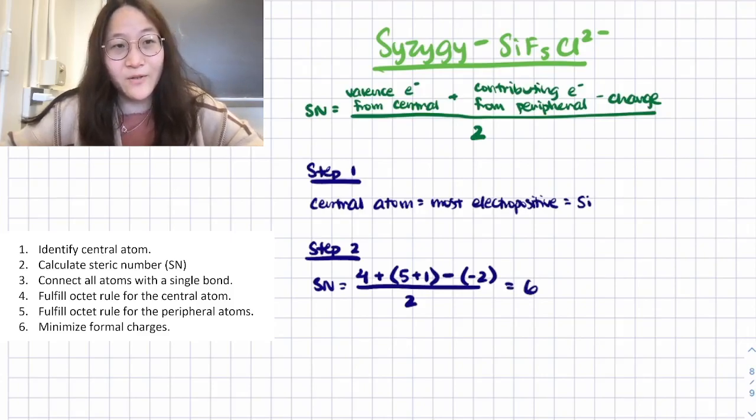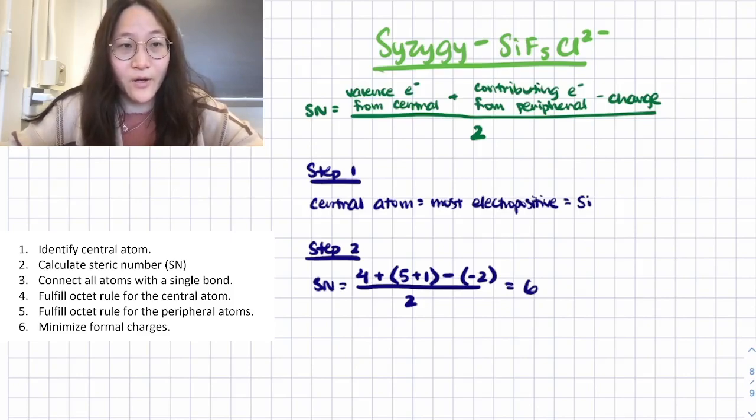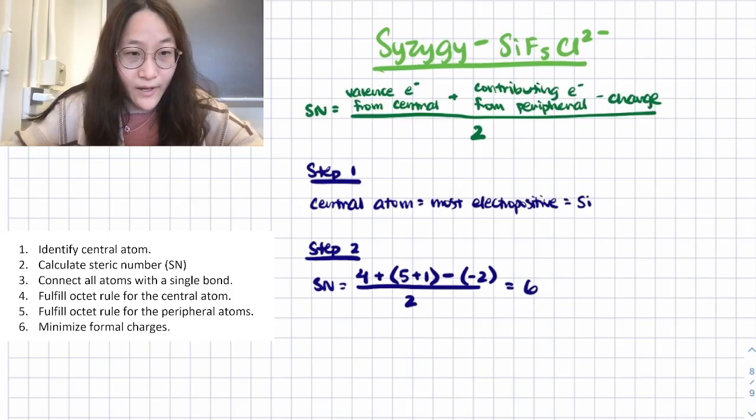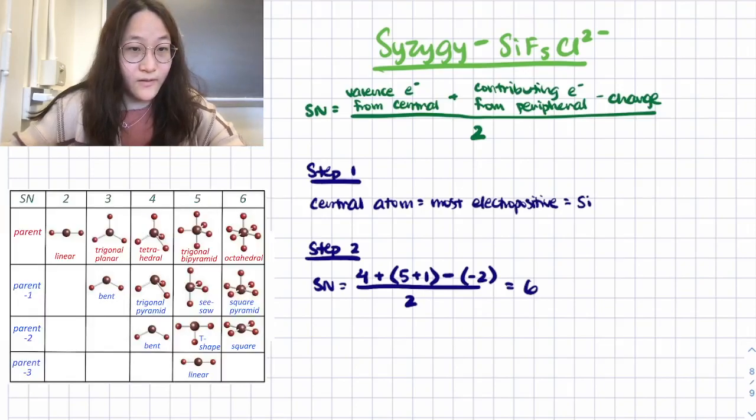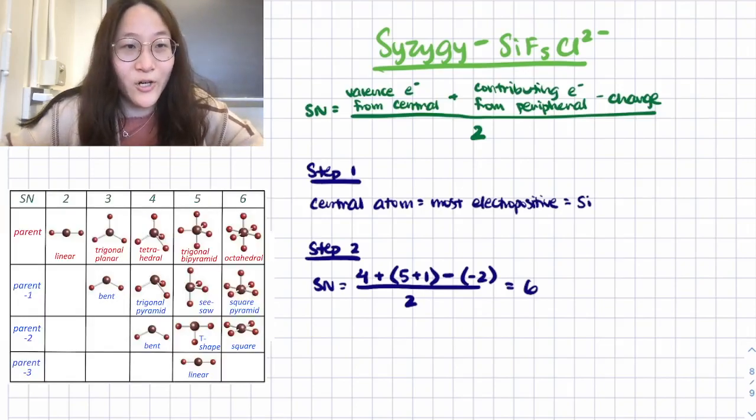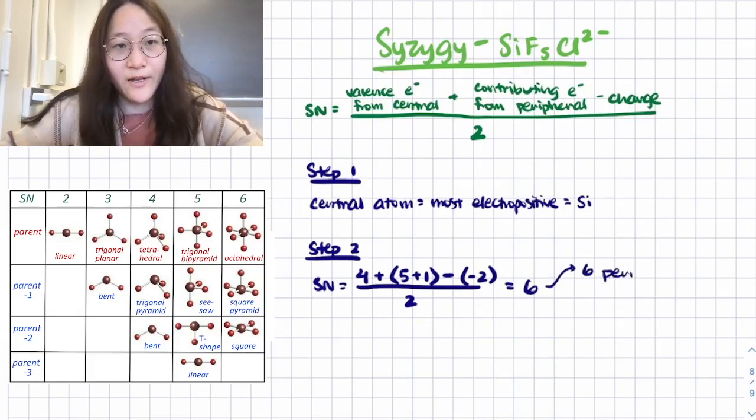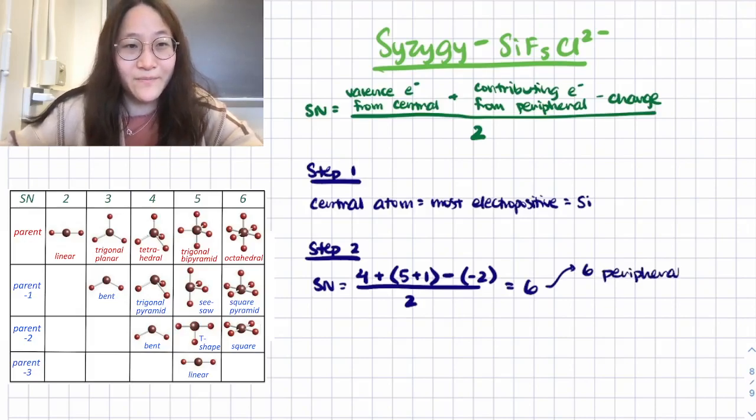Our next step is to connect all of our atoms with single bonds once we've identified what shape we have. If we go back to our chart, we can see that a steric number of 6 with a parent structure, given that we have 6 peripheral atoms, would be octahedral.